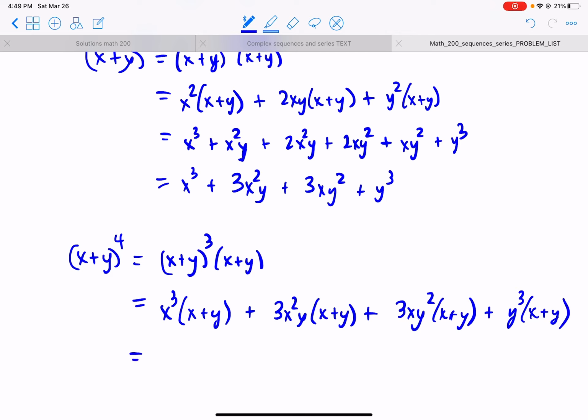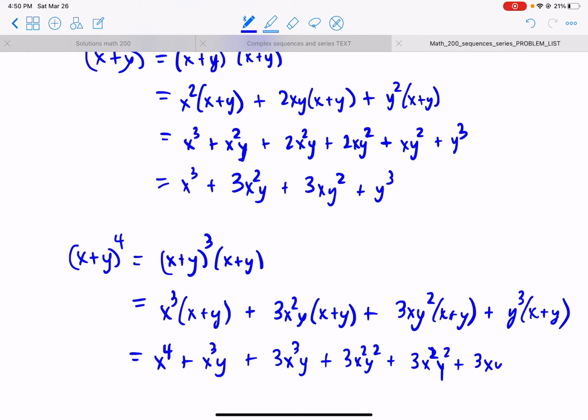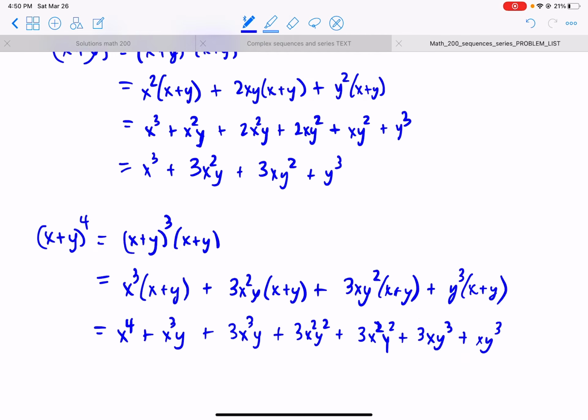Okay, so let's do this. x to the fourth plus x to the third y plus 3x to the third y plus 3x squared y squared plus 3x squared y squared plus 3xy to the third plus another xy to the third plus y to the fourth. Okay, now let's gather them together.